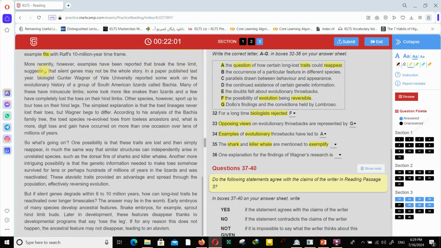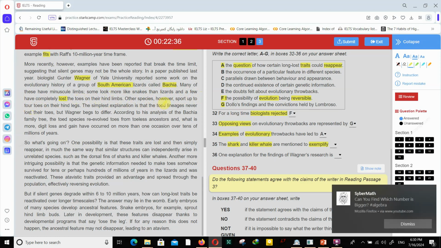In a paper published last year, biologist Gunther Wagner of Yale University reported some work on the evolutionary history of a group of South American lizards called Bachia. Many of these have minuscule limbs. Some look more like snakes than lizards, and a few have completely lost the toes and their hind limbs. Other species, however, sport up to four toes on their hind limbs.